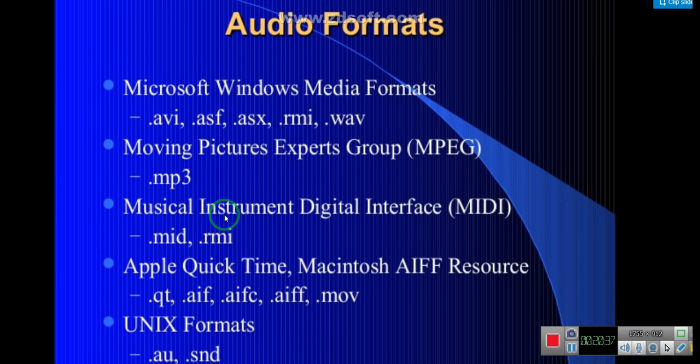Then Musical Instrument Digital Interface, Apple QuickTime, and so on. These are all formats for the audio file, how we can store it, how we can save it, or how we can make our audio file in a new folder or somewhere else.